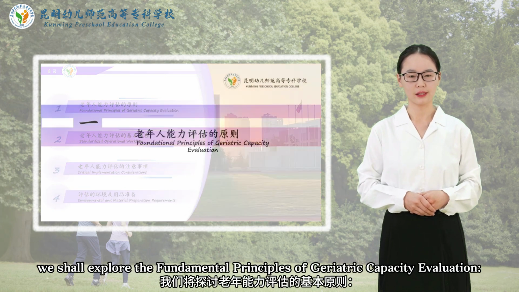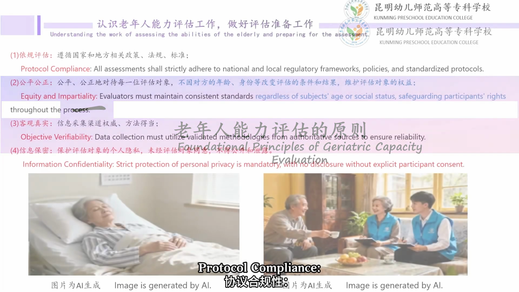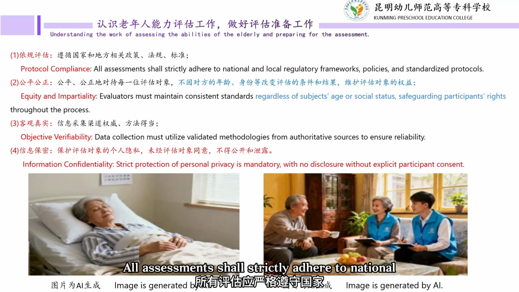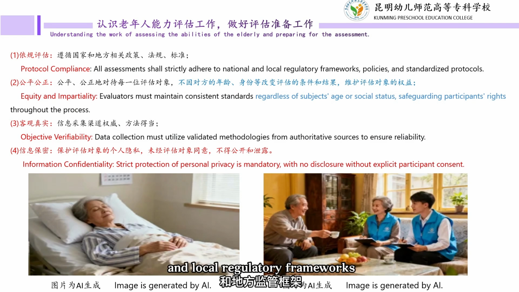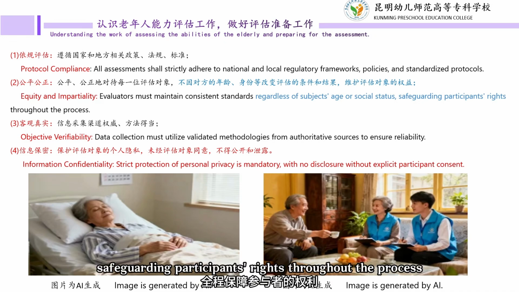First, we shall explore the fundamental principles of geriatric capacity evaluation. Protocol compliance. All assessments shall strictly adhere to national and local regulatory frameworks, policies, and standardized protocols. Equity and impartiality. Evaluators must maintain consistent standards regardless of subject's age or social status, safeguarding participants' rights throughout the process.